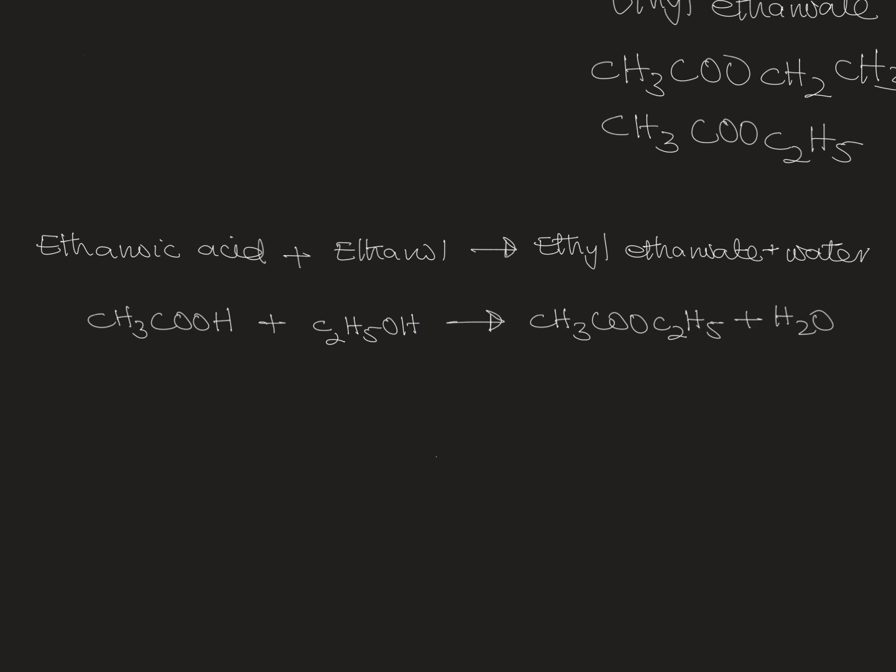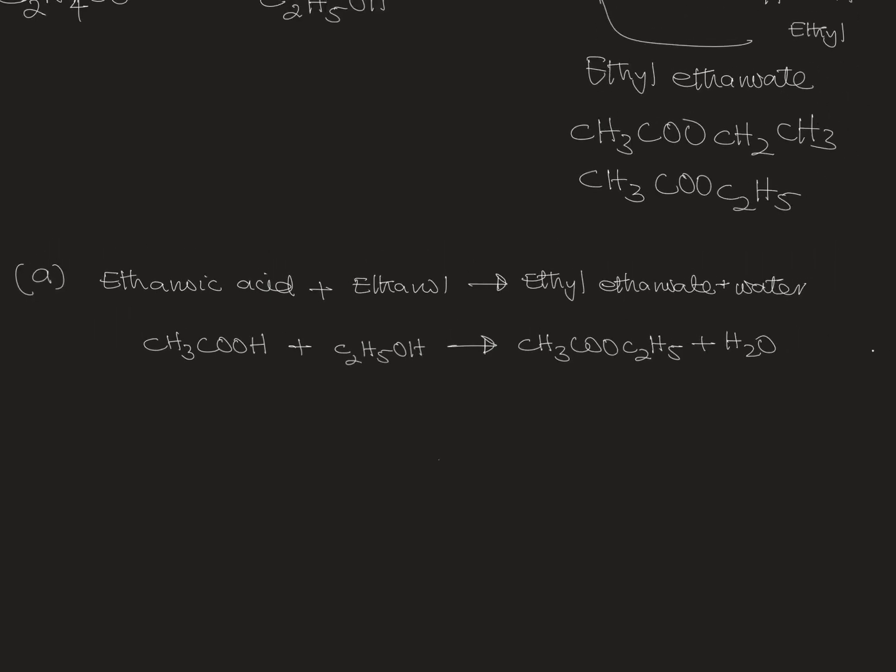So how many hydrogens do we have here? 3 plus 5 is 8, plus 2 is 10. Okay, so how many oxygen? 1, 2, 3. 1, 2, 3. Oxygen is balanced. So the chemical equation is balanced, and that answers question A.